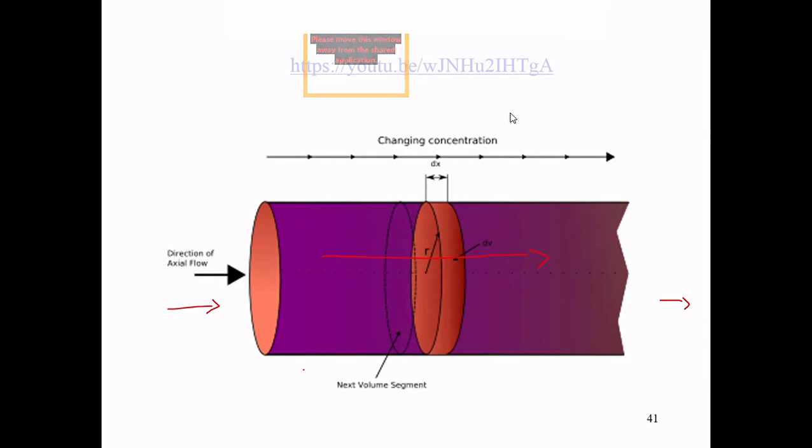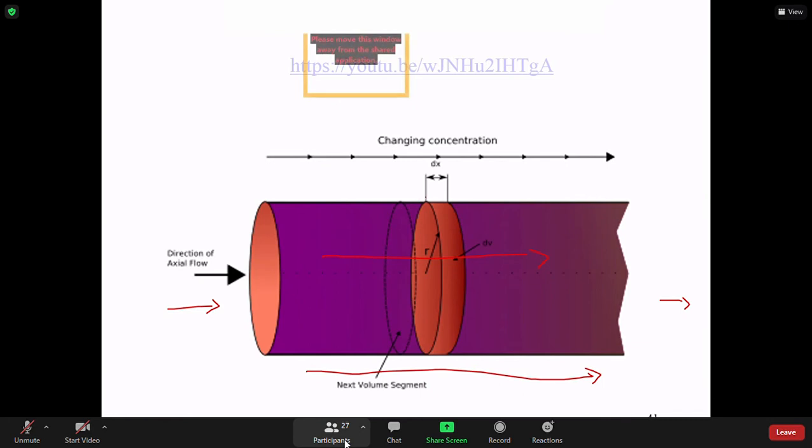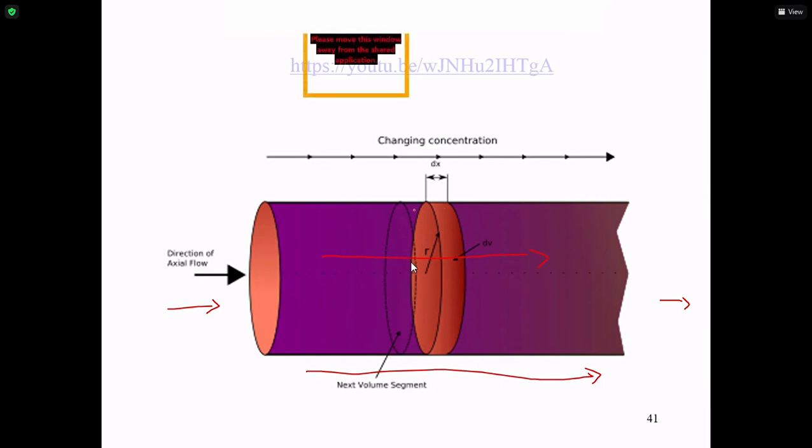For example, this will be full of reactant, and this will be less reactant and more product. So the concentration gradient is different, but they consider it in this segment, like this segment. Changing of concentration.